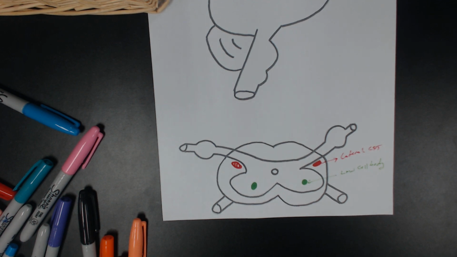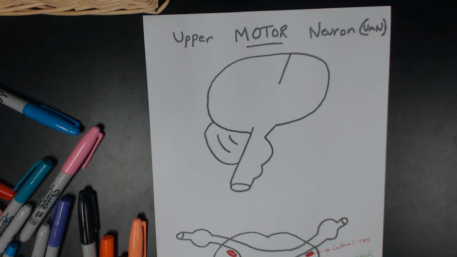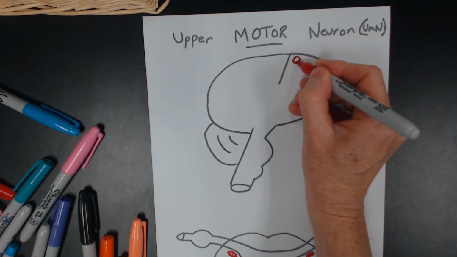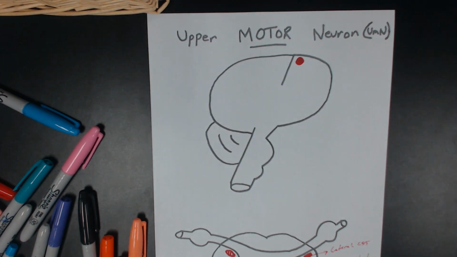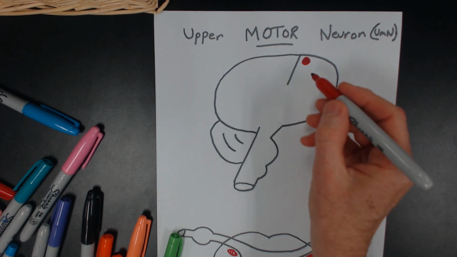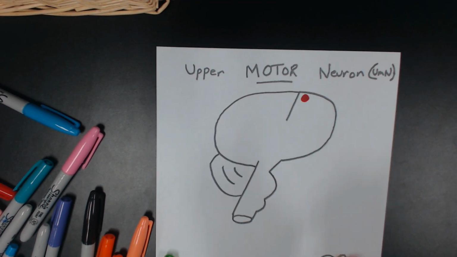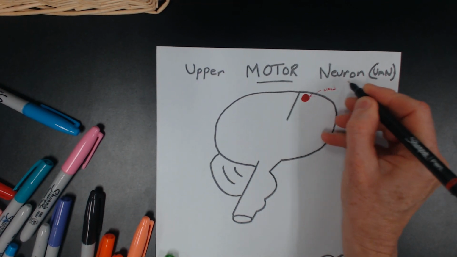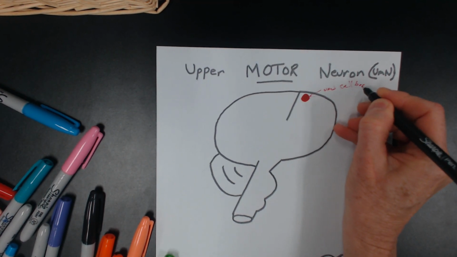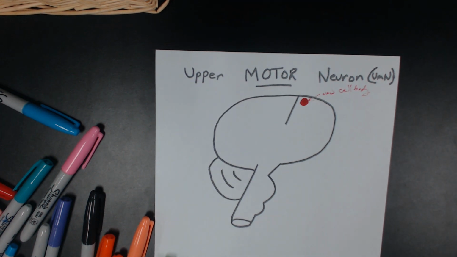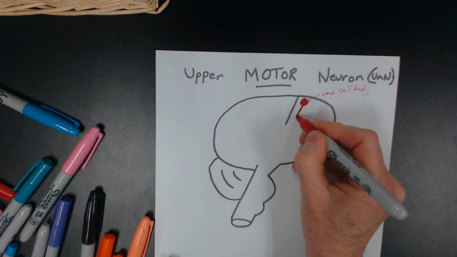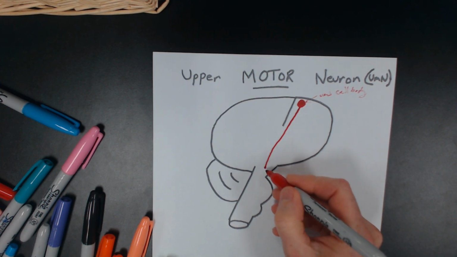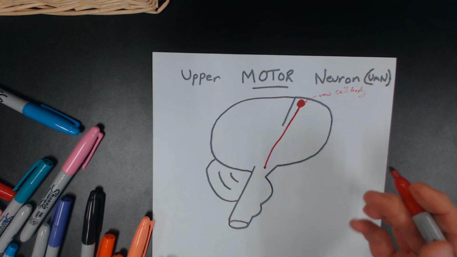Things we talked about previously: here sitting in M1, here's my central sulcus, and it's a sagittal view, so I'm not going to be able to see the decussation. This is my upper motor neuron cell body. It sends out an axon that travels all the way down the spinal cord and decussates.